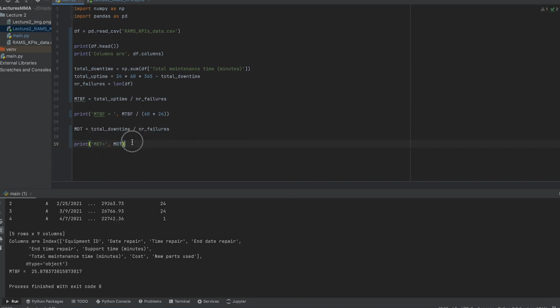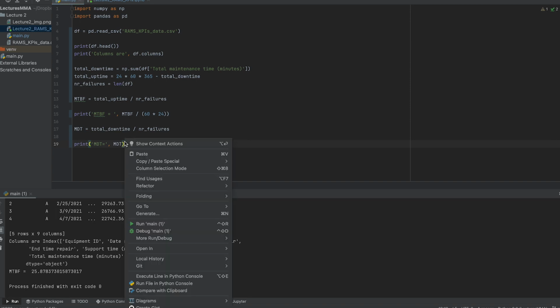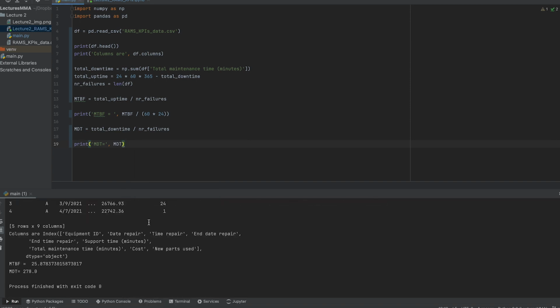It's already in minutes, so we can check, and it gives 278 minutes. Okay, that's good. Now we can calculate the next, which is the mean time to repair.